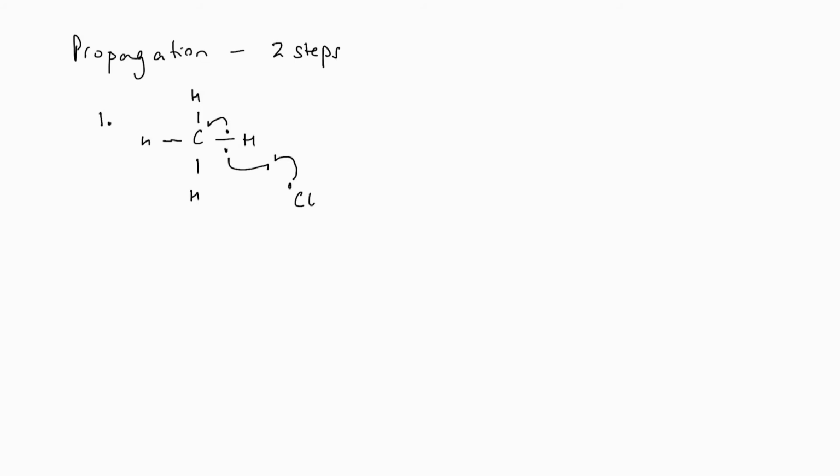Now this is a very slightly exothermic reaction because I'm going to make a hydrogen-chlorine bond, and that is slightly stronger than the carbon-hydrogen bond we broke, and I've got a new radical. This radical here is a methyl radical.